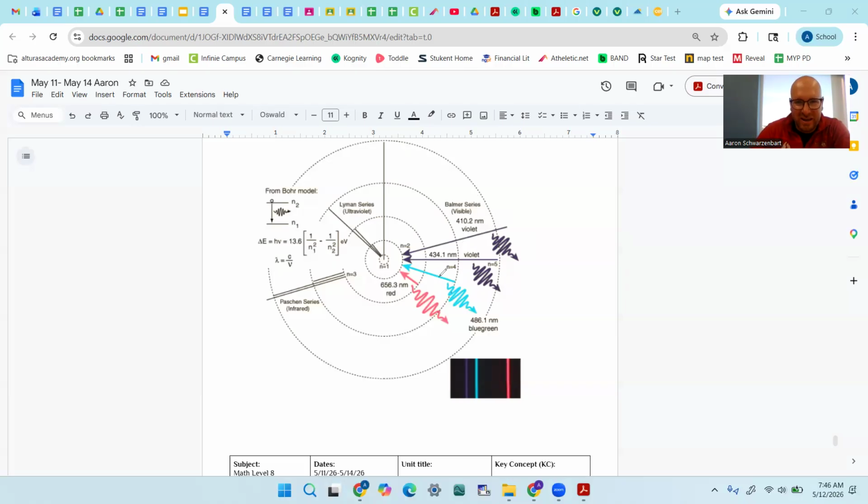So you cannot have an electron at energy level 3.5. Why can't you? We don't have an answer for that, but this is evidence that it apparently can't. It's in one of these energy states. The energy states are not necessarily like a fixed orbit per se, but they are a fixed energy state.